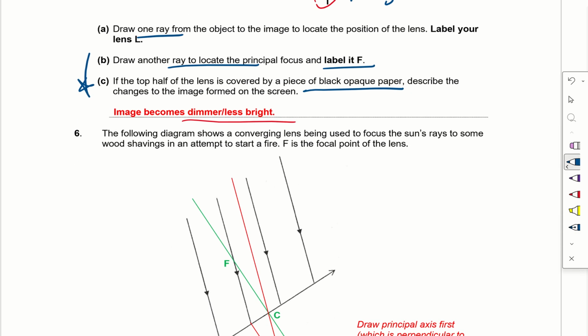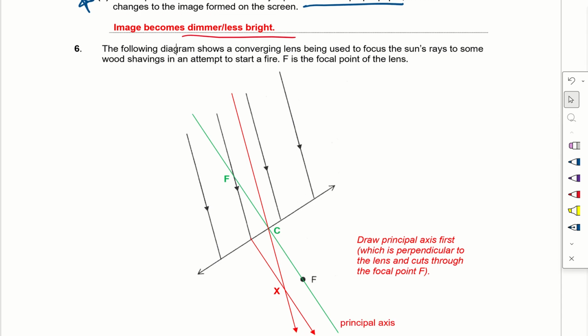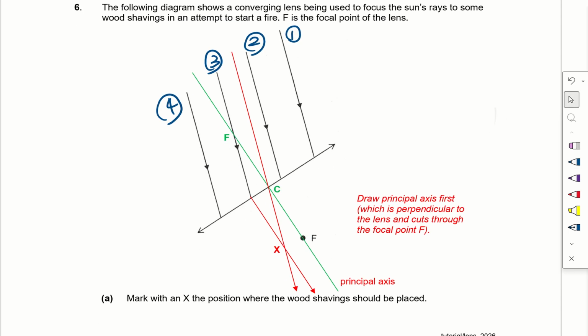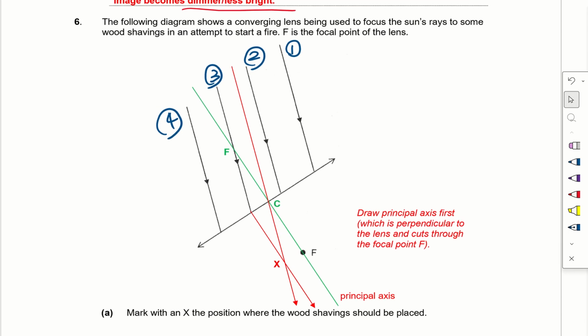Okay, question 6, some of you don't know how to answer. Okay, what are you actually given in the question? You were given ray number 1, 2, 3, and 4. The red color line and the green color line are not shown. These are the answers.